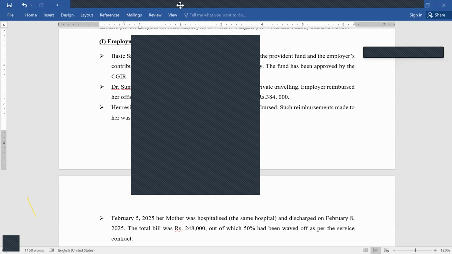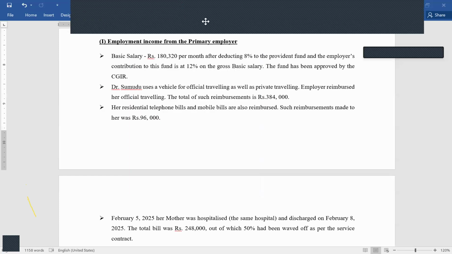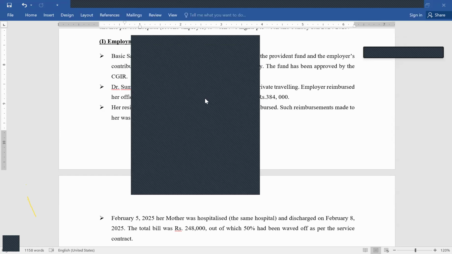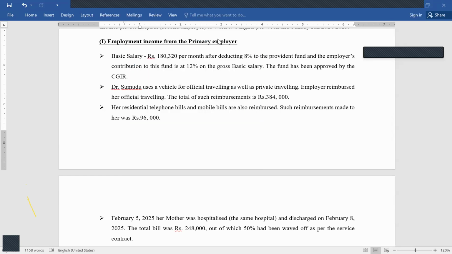Did you understand the difference between those two well? You should understand how it will be a benefit.